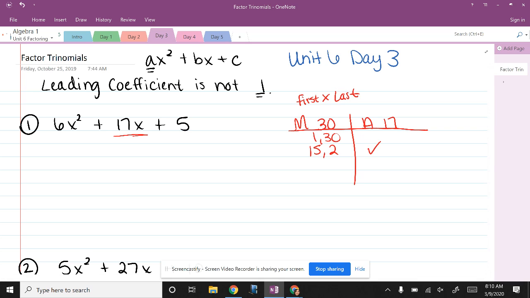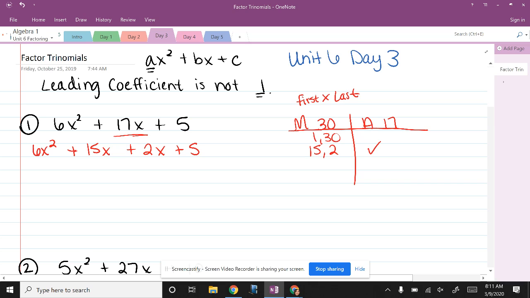So you're going to copy 6x squared, and where there was a 17x, you're going to replace it with plus 15x plus 2x. So you're breaking up that middle term. And then you're copying the last term, plus 5.